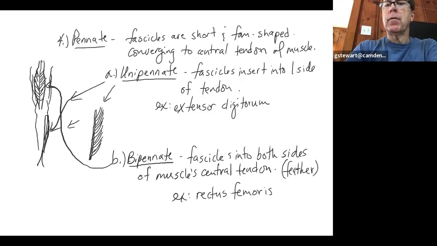So it looks like this. So unipennate is just one side. Bipennate, the fascicles and fibers come from both sides to create a feather look.